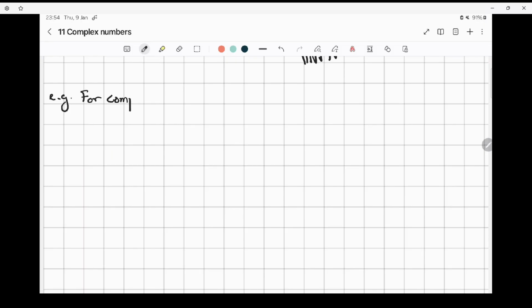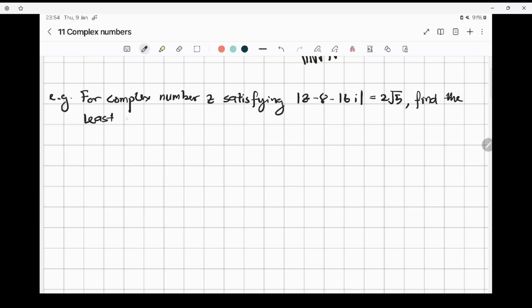For complex number z, which is satisfying this particular equation, 16, find the smallest and the greatest possible value of modulus z.